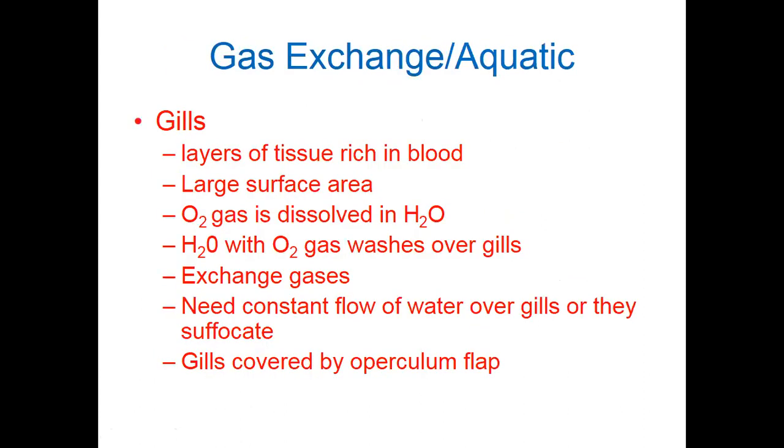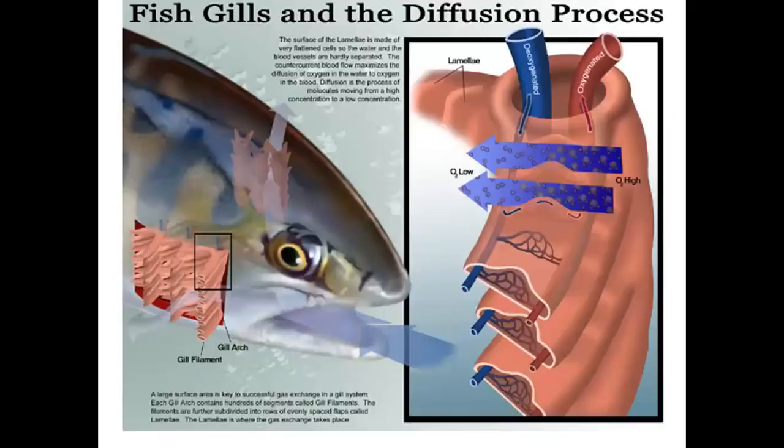In case of gills, layers of tissue rich in blood, large surface area, O2 gas is dissolved in H2O. H2O with oxygen gas washes over gills. To exchange gas, they need constant flow of water over gills or they suffocate. Gills are covered by the operculum flap.